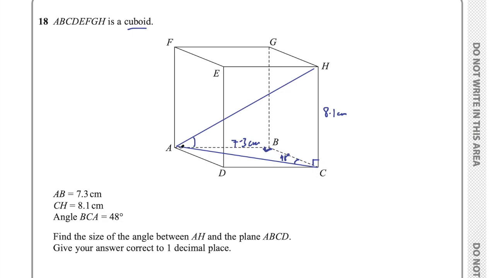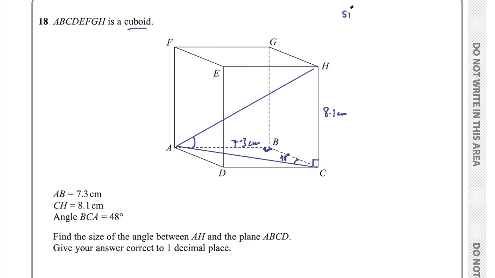So for this triangle ABC, down here on the bottom, we have an angle and a side. So how do we find the hypotenuse? Given an angle and a side, we use sine or cosine. In this case, we have the opposite side of that angle, 48 degrees, and we want the hypotenuse, so you need to think which ratio will you use.